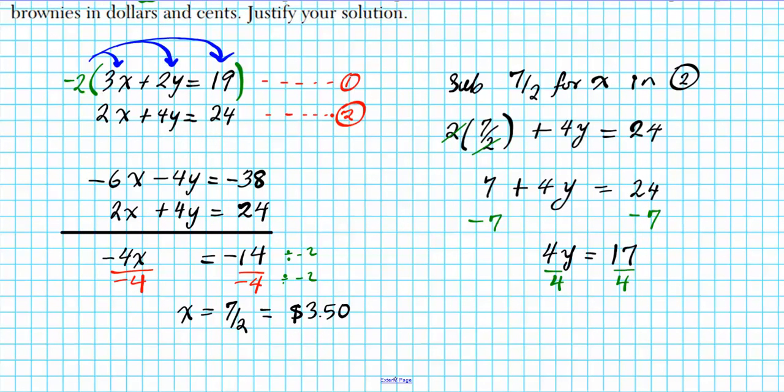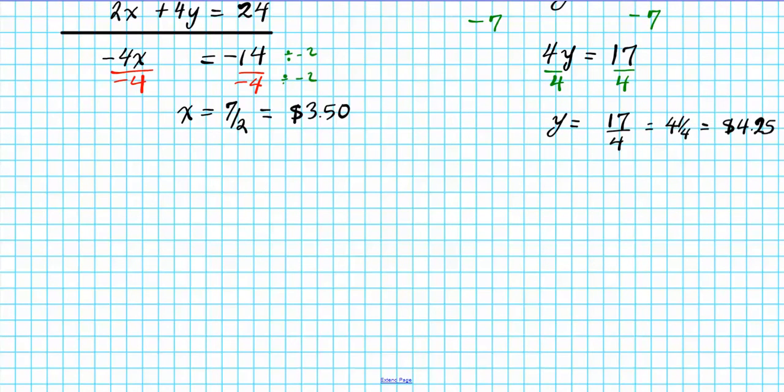And you have y equals 17 over 4, which is the same thing as 4 remainder 1, so 4 and 1/4. In dollars and cents, it's $4.25, just 1/4.